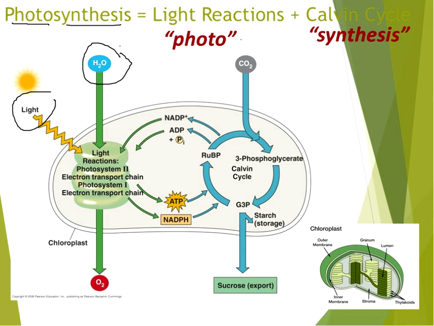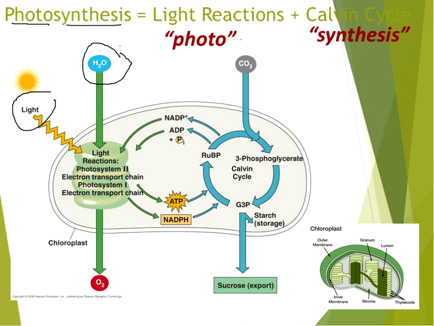So in this process, the water gets split during the light reaction, so that the oxygen can get used as the final electron acceptor. Just like you saw in cellular respiration, the oxygen is the final electron acceptor, so that we can get that energy from those electrons. And the hydrogen from the water is going to act as protons to be added onto the NADP.